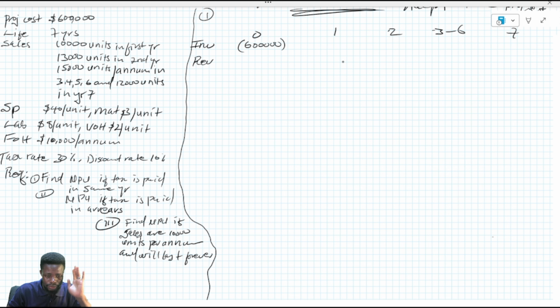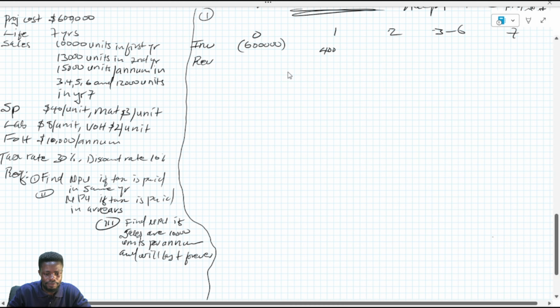Yes, this is the perfect table. I'll tell you why we have it this way. Now, the first thing you bring is your investment. That's your revenue. Let's have it in the same line.